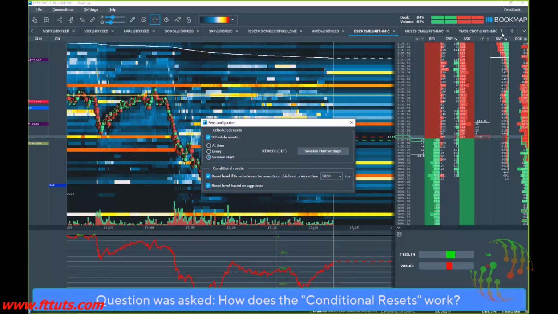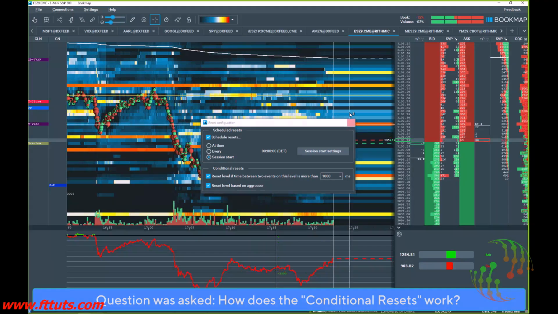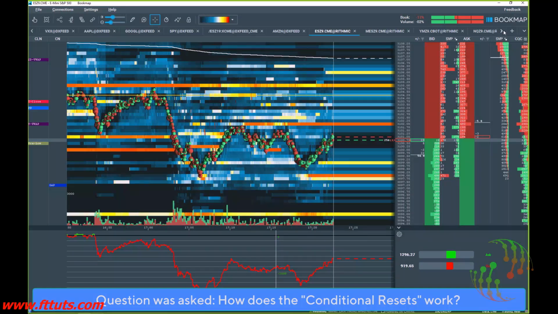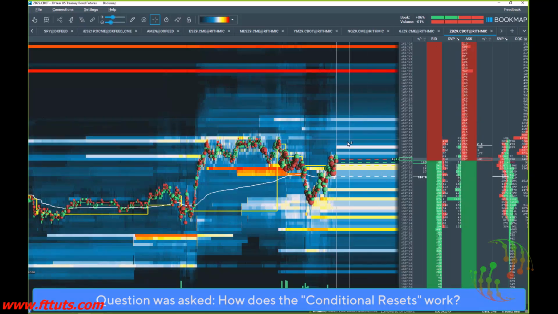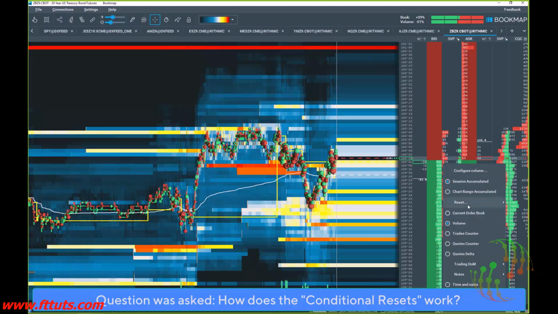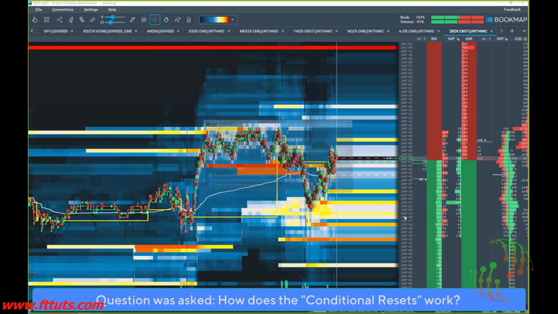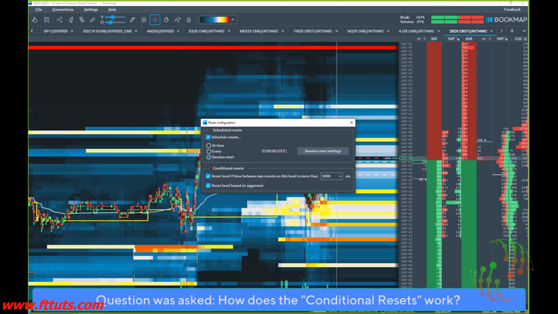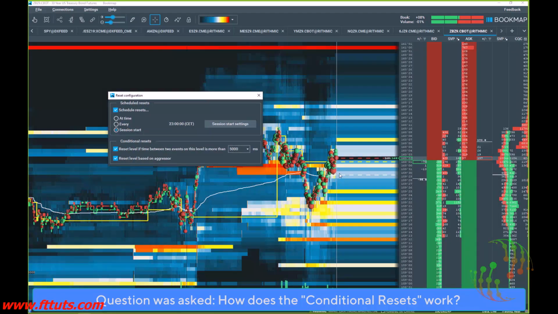Let me show you the treasury. Because the treasury here, the ZB, 30-year bond, takes a lot of time, because they are moving one fraction up or down.